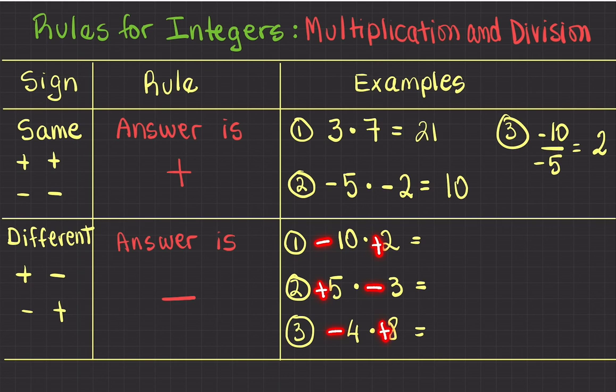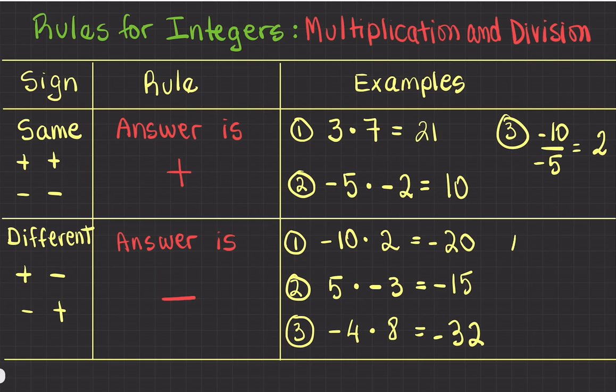Negative and positive. They all have different signs. So 10 times 2 is 20, and a negative times a positive is a negative. 5 times 3 is 15, and a positive times a negative is a negative. 4 times 8 is 32, and a positive times a negative is a negative.